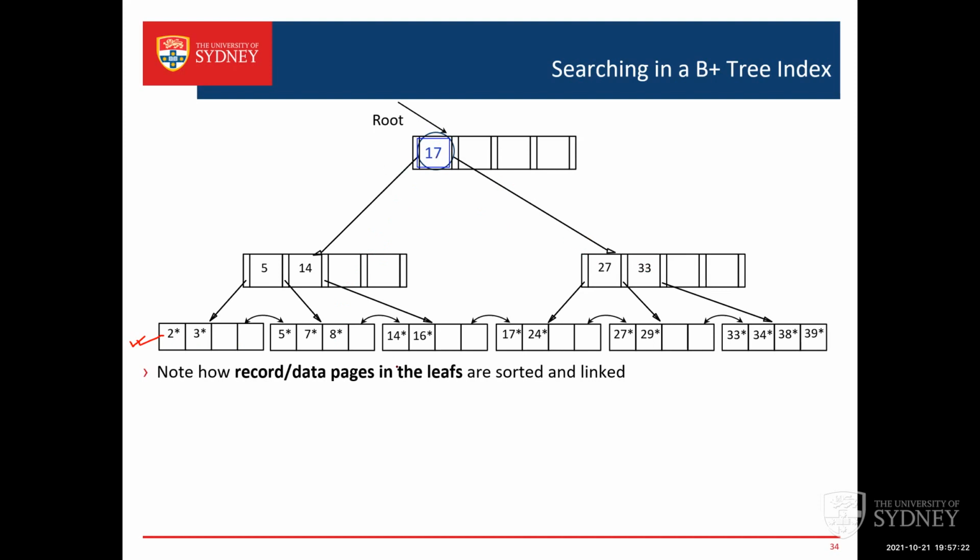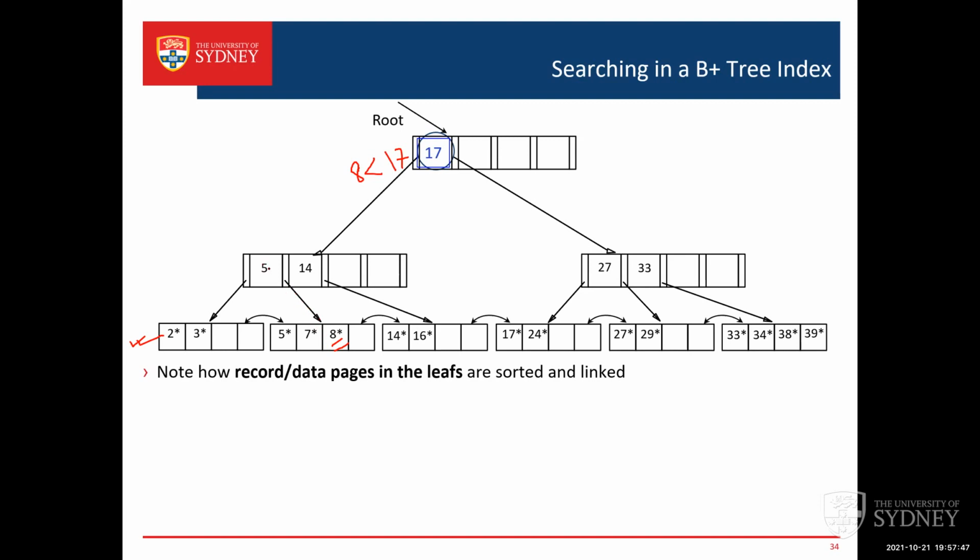If we're looking for, let's say, 8, we'll compare with 17. Since 8 is less than 17, that's where we need to go. In here, we can compare with 5 or 14, that's fine. Let's say I'm comparing with 14. 8 is less than 14, so it will be on the left-hand side of 14, where the left-hand pointer is pointing.